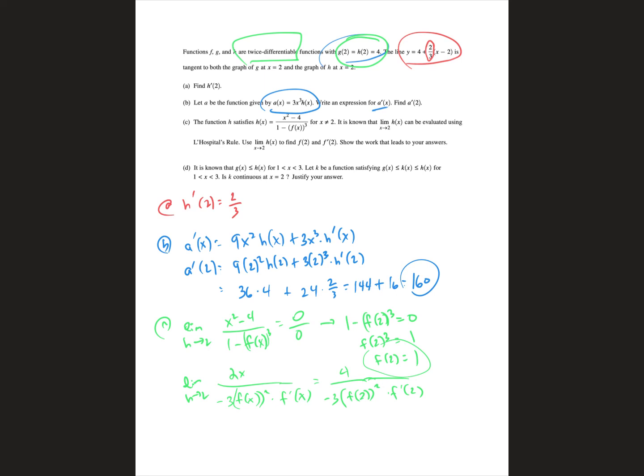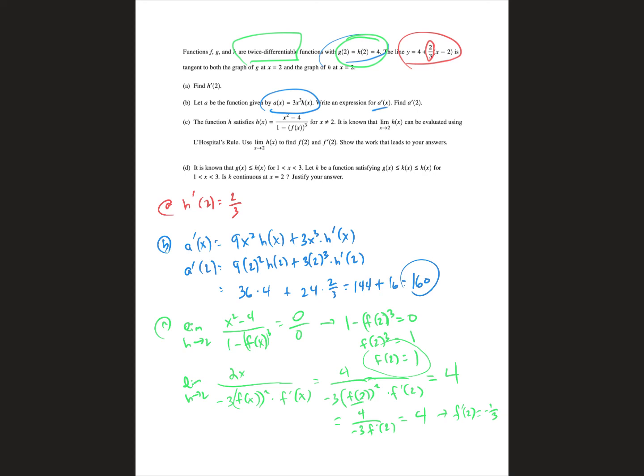So that means this whole thing equals 4. Now we already found f of 2 in the first part, it's 1. So really this says that 4 over negative 3 f prime of 2 equals 4. So if I were to go and solve that, and you can do this on your own, you get negative 1/3.